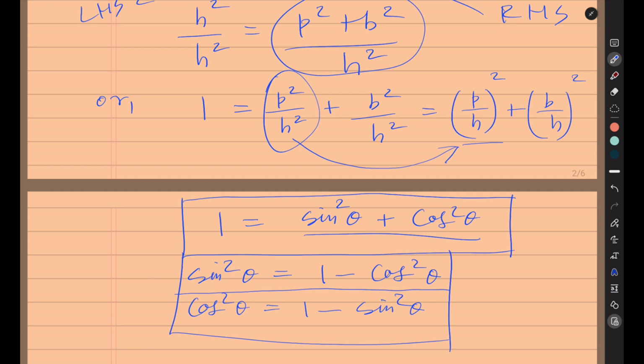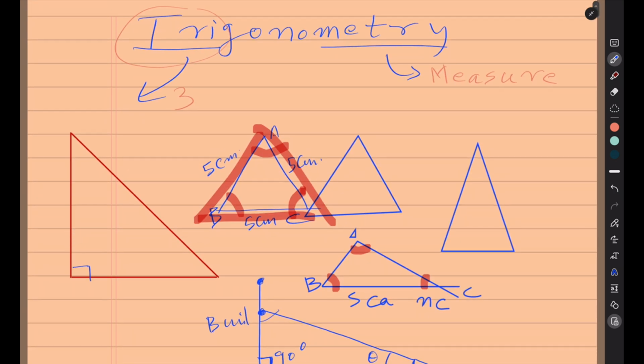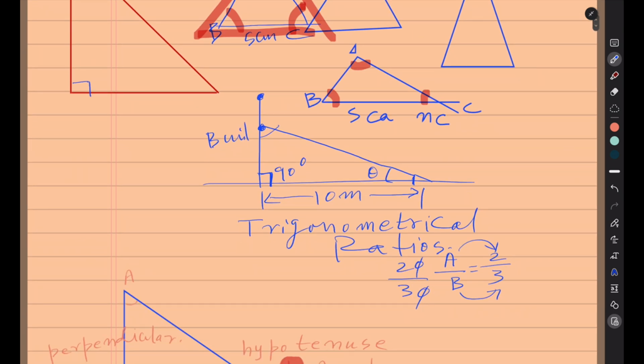So now we have established a few relationships. Let us just go through them quickly. First of all, we learned that trigonometry is basically the study of triangles, and mostly 90 degree angle.